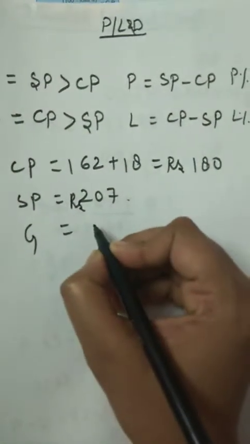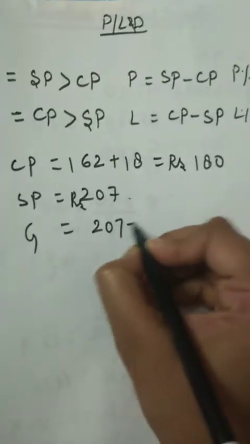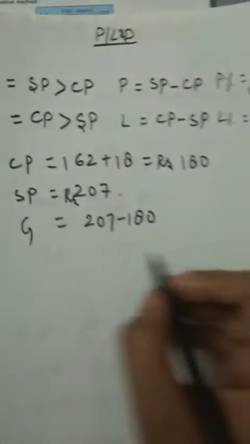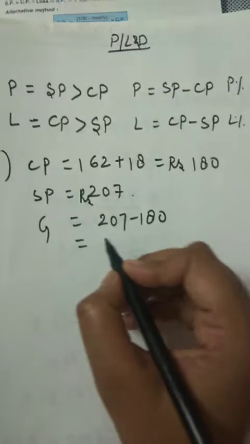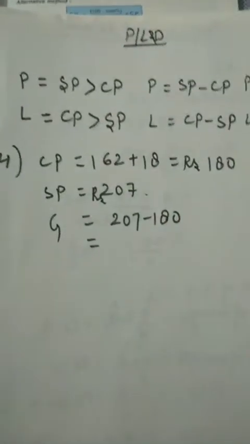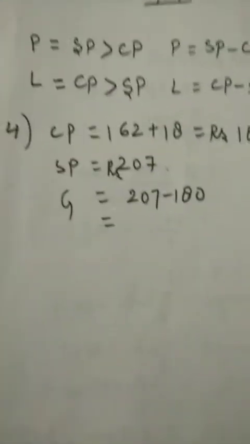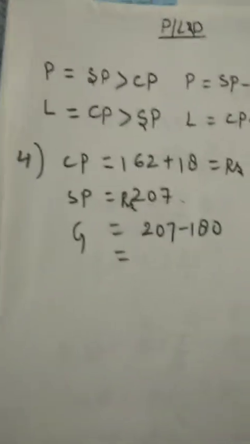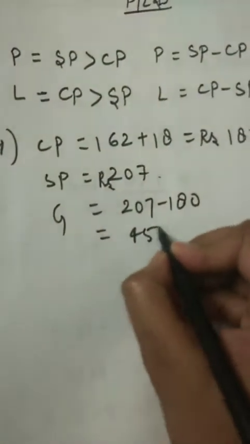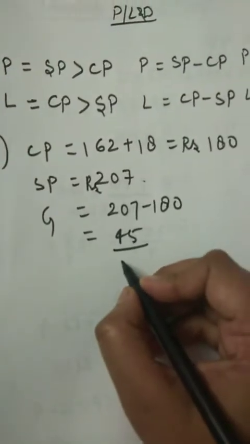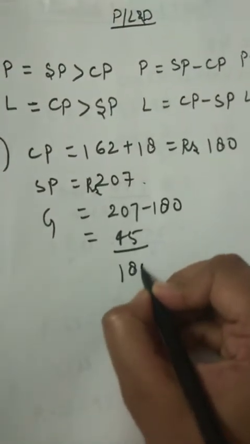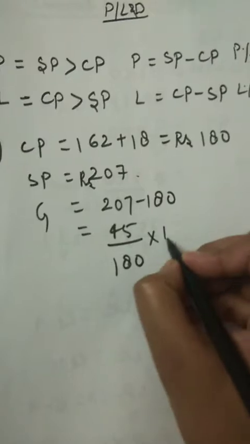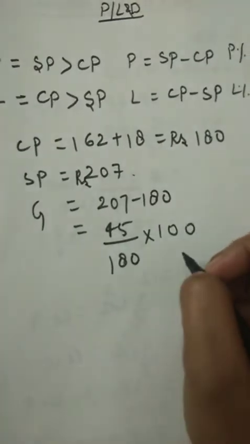So it will be 207 minus 180, which is 45, upon 180 into 100.